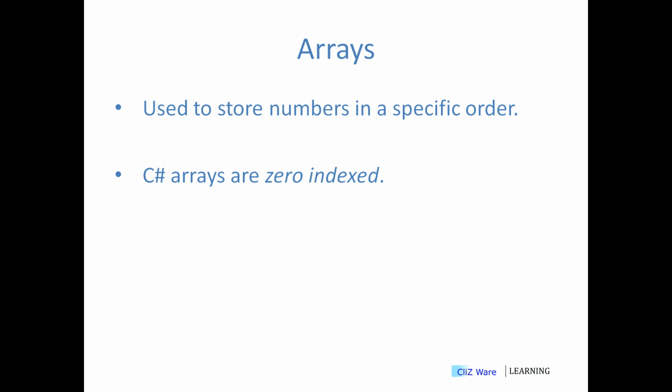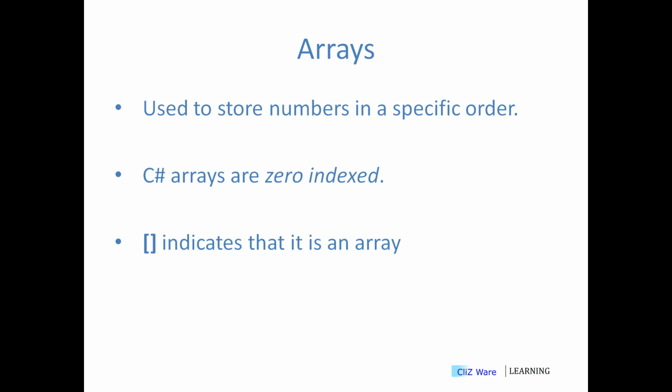It might be different in other languages, so it's really important to know if the language is 0 indexed or not. But in C# it's 0 indexed. Arrays can be indicated by these brackets, and basically they tell the compiler that that's an array.